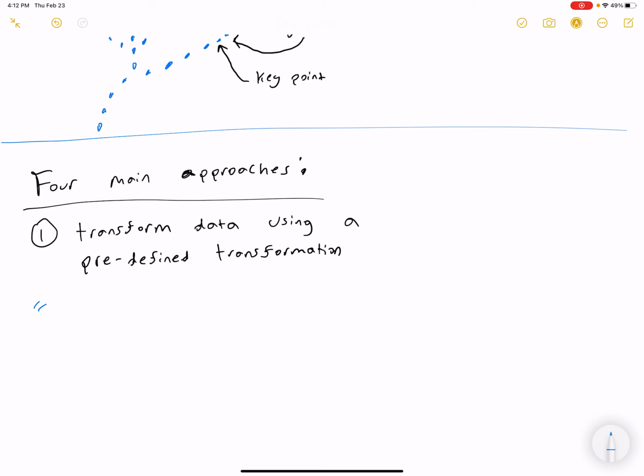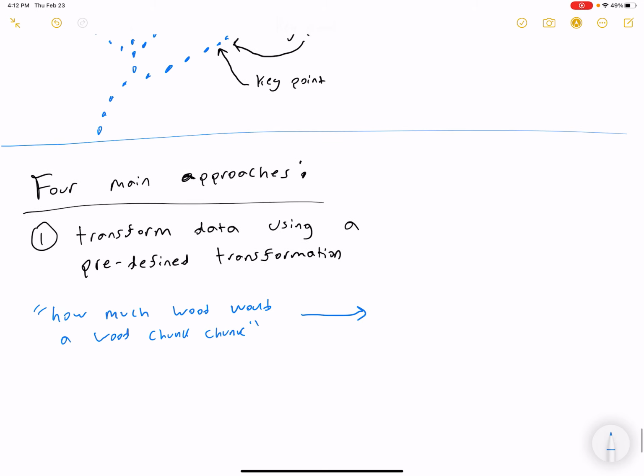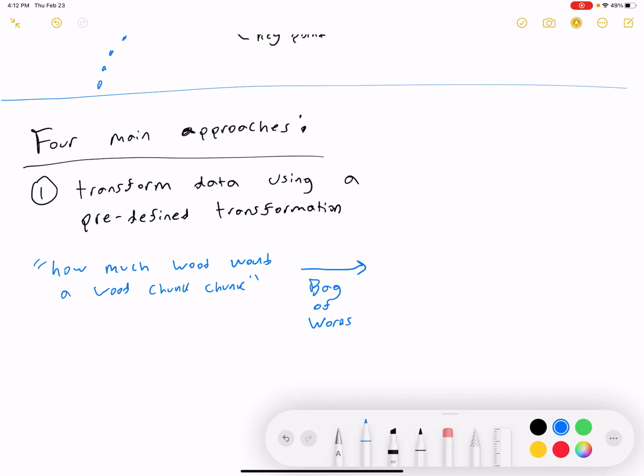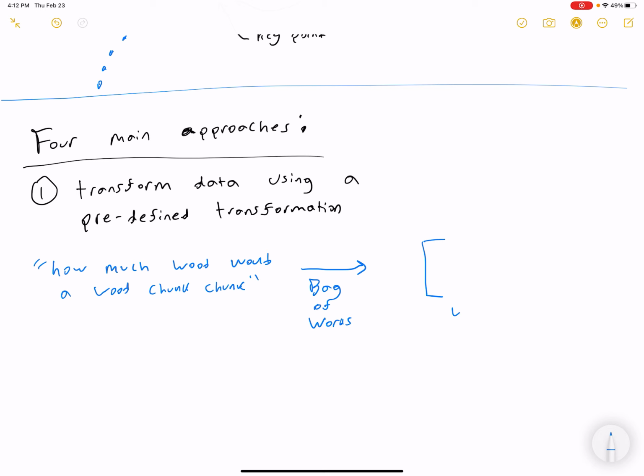Just to see that example again, we convert the text through bag of words, which we've already seen in our coding notebook a few classes ago, and we'd have a position for wood, a position for chunk, a position for apple, and so on, with the count of occurrences of each of those words.